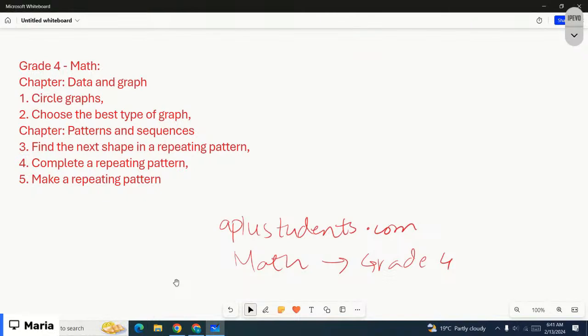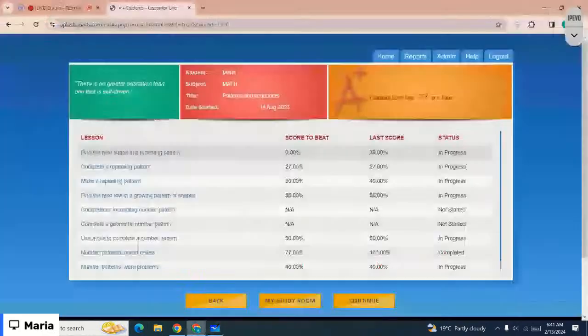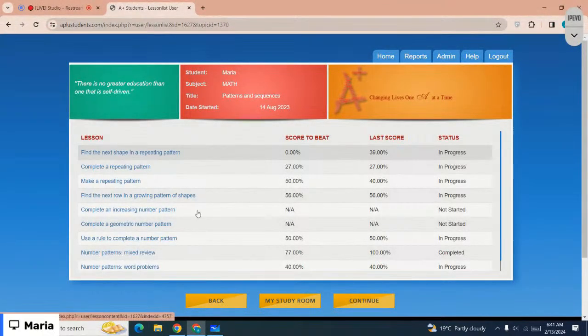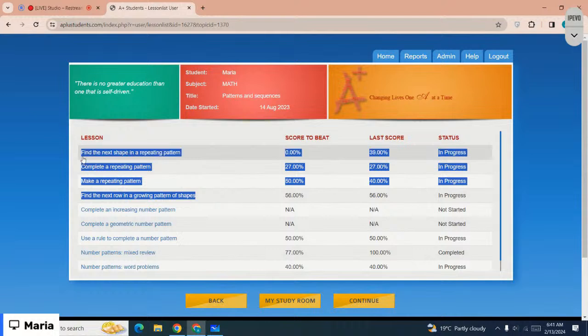Then we have started the chapter patterns and sequences. And the lessons we have covered from the chapter are find the next shape in a repeating pattern, complete a repeating pattern, make a repeating pattern and find the next row in a growing pattern of shapes. There is something wrong with your system because I can hear myself.